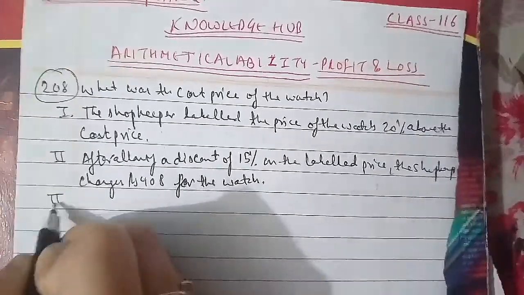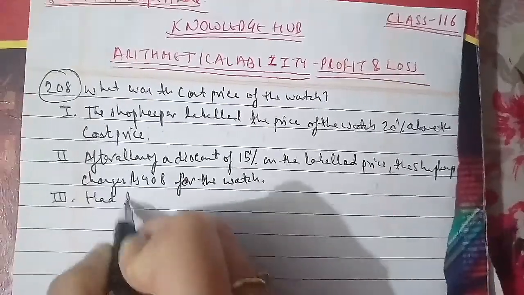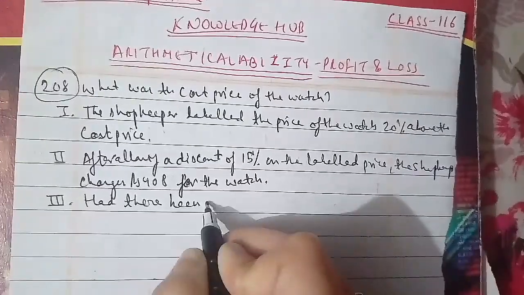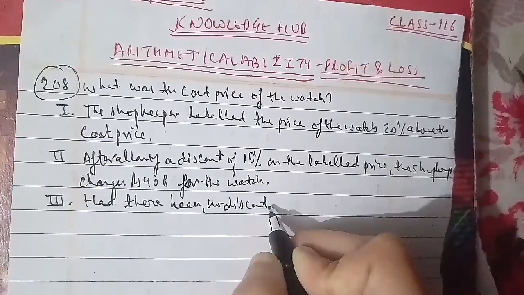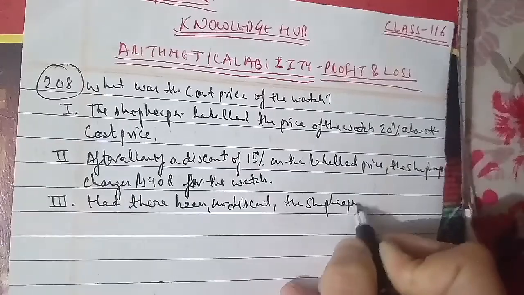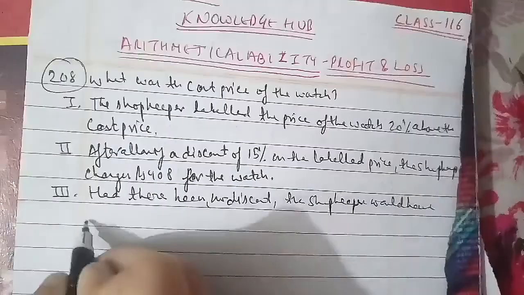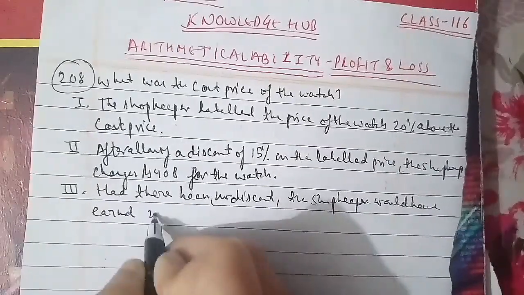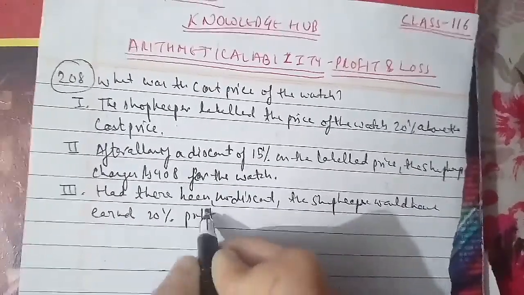Third: had there been no discount, the shopkeeper would have earned 20% profit. So we go ahead for the same.